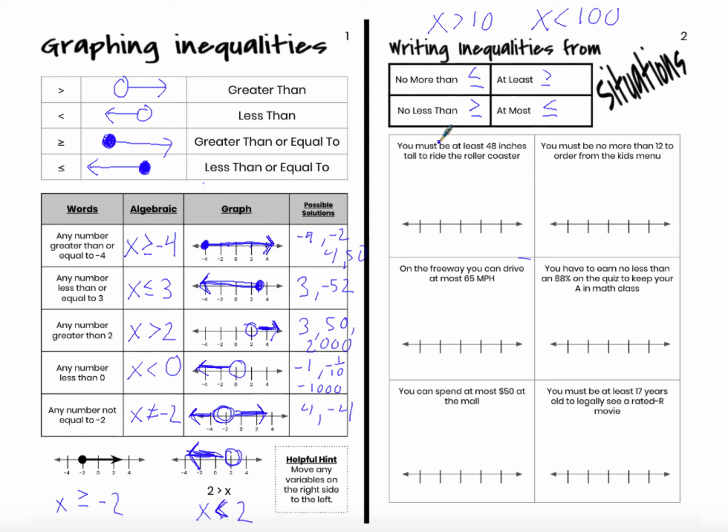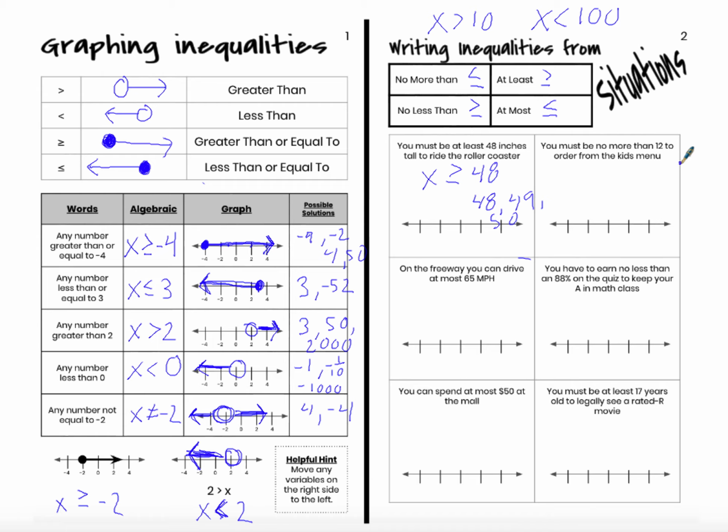But instead, let's think about it. You must be at least 48 inches tall. That means you can be 48 inches, you can be 49 inches, you can be 50 inches, you can be 50 and a half. So this is the situation where you can equal 48 inches, but you can also be greater than it. So at least is a greater than or equal to symbol.